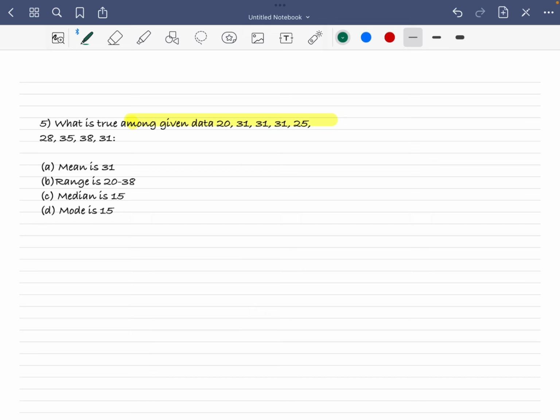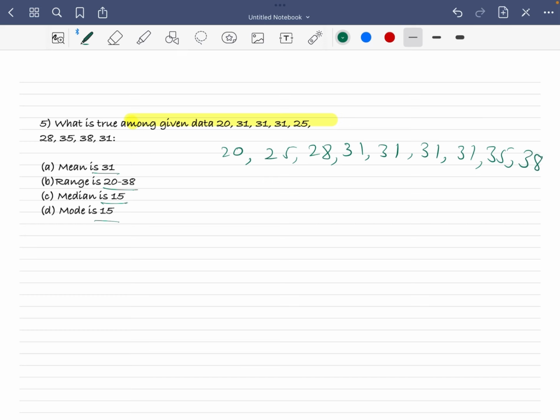Among the following options, the mean is 31, the range is 20 to 38, the median is 15, or the mode is 15. So if we just arrange them in order: 20, then 25, then 28, then 31, 31, 31, 31, then 35, then 38.